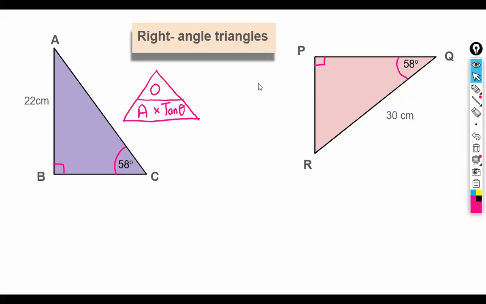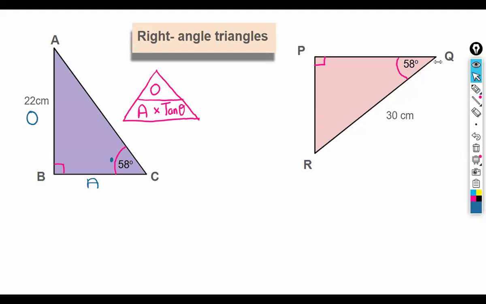The reason I chose tan is that if I'm given the 58 degrees, the 22 is definitely opposite, and BC, which could potentially be the base, is the adjacent.